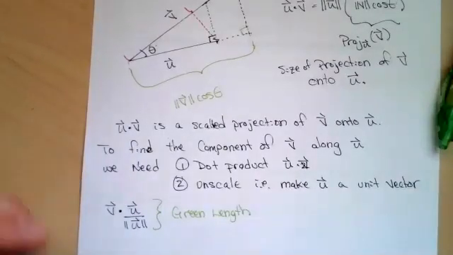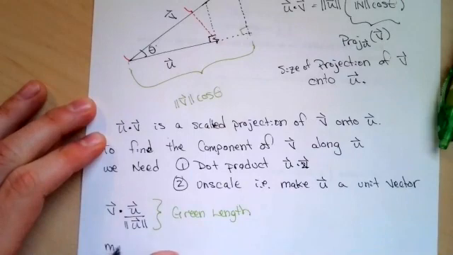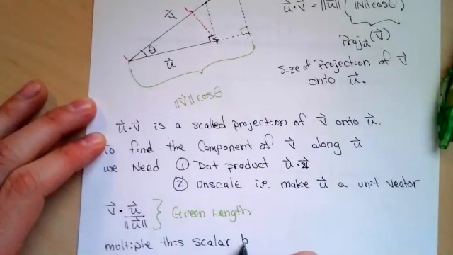So that'll give us the green length. If we want to find the vector component of v in the direction of u, we would then multiply this scalar by the unit vector in the direction of u.